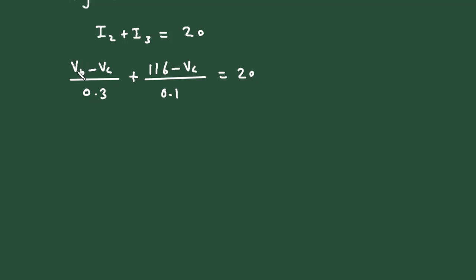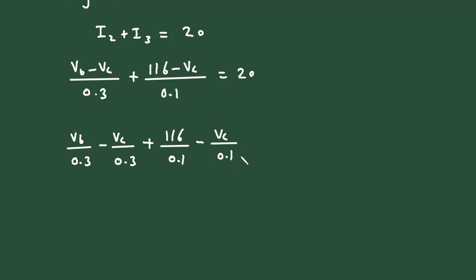Again simplify this: VB divided by 0.3 minus VC divided by 0.3 plus 116 divided by 0.1 minus VC divided by 0.1 is equal to 20.